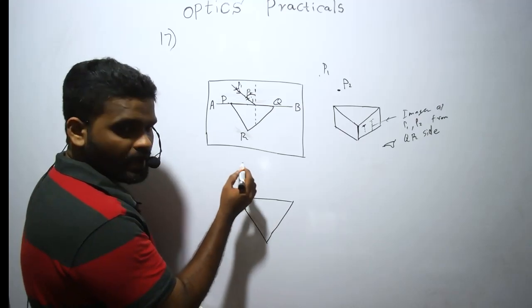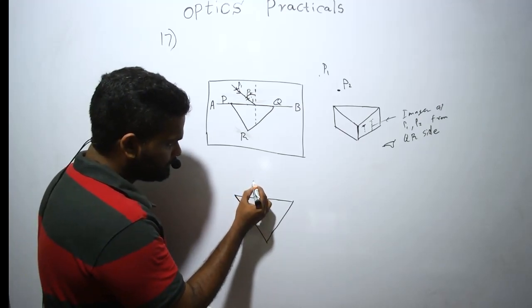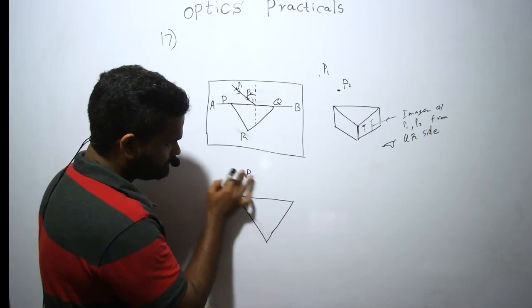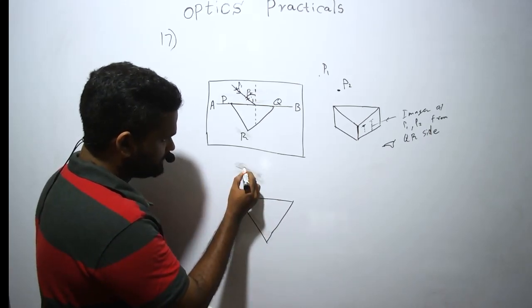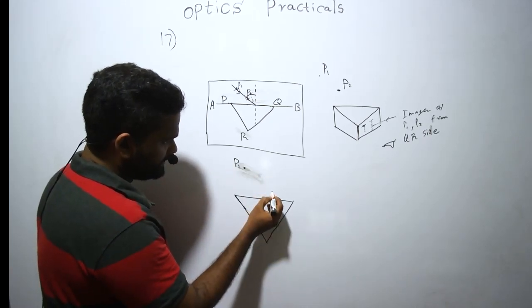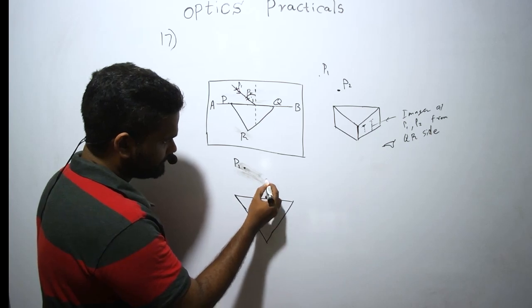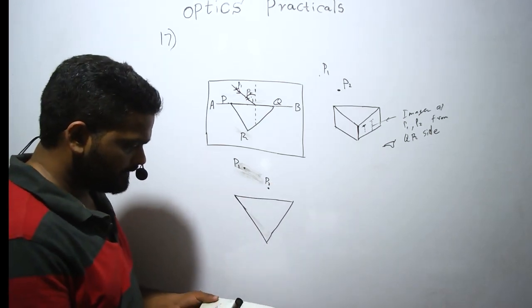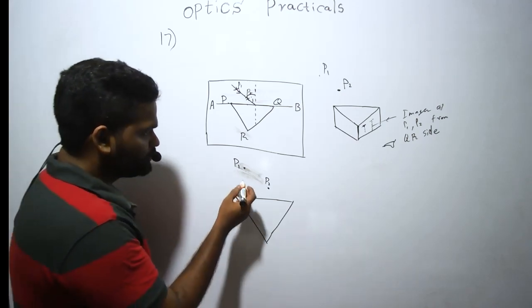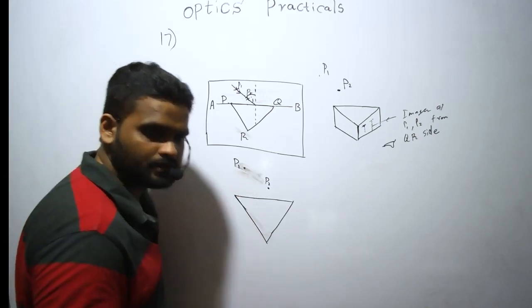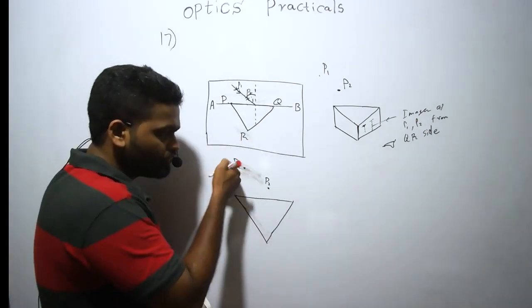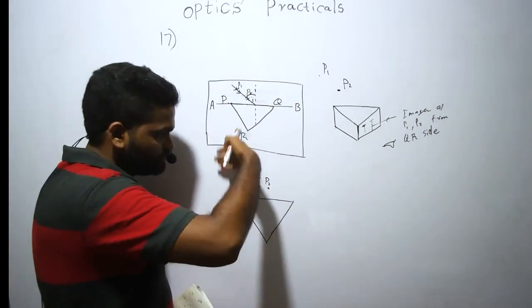So you have placed, let's say P1 here, then P2 here. You know that from P1, light rays go everywhere, to all the directions.